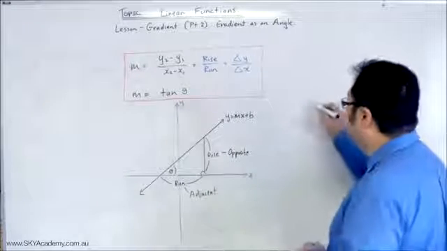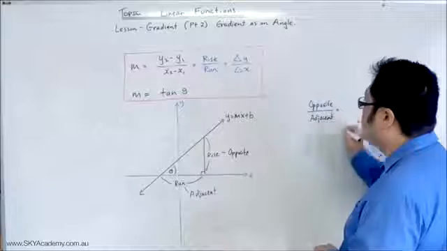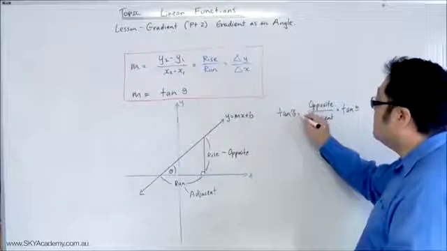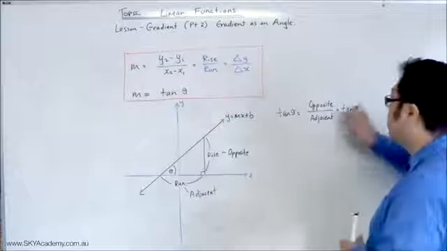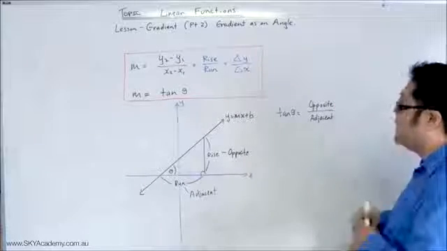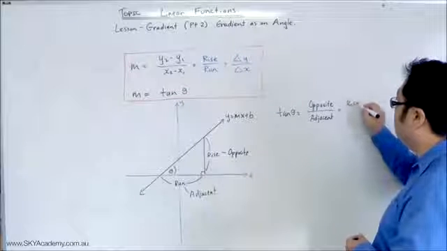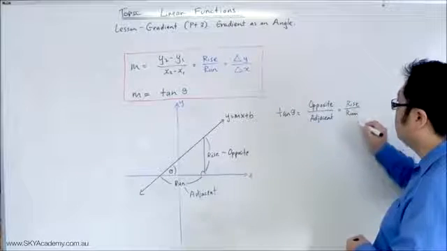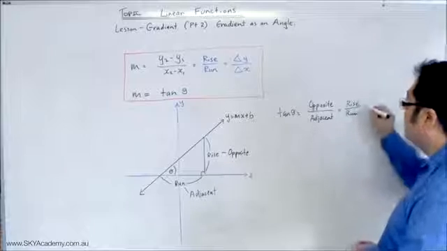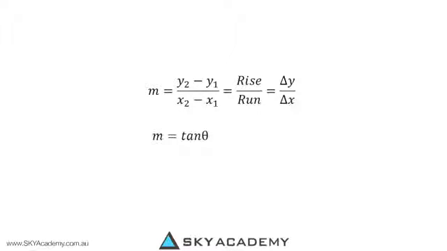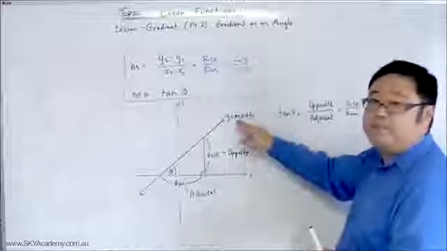Now we also know that opposite over adjacent is equal to tan theta, yep, or tan theta is equal to opposite over adjacent. But we also know that opposite over adjacent is equal to the gradient of the function, rise over run, right? So what we can say is that tan theta is actually equal to the gradient of the straight line, m.